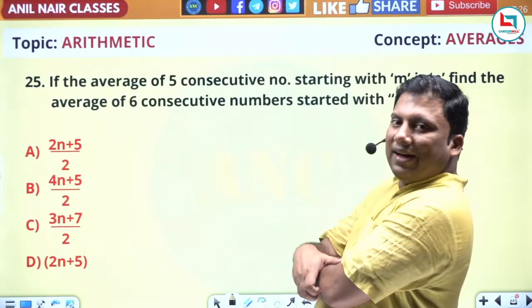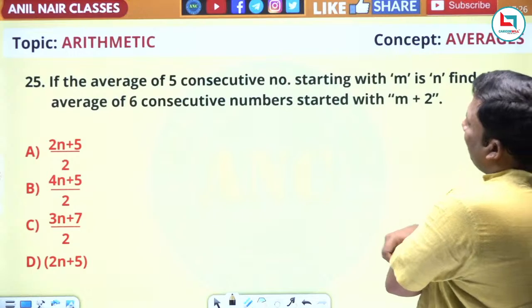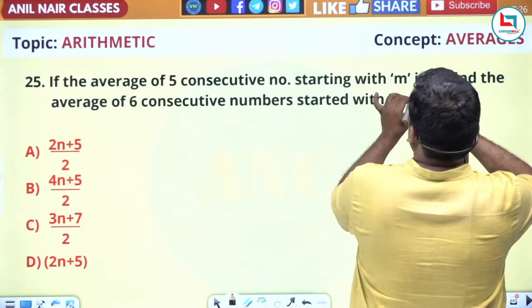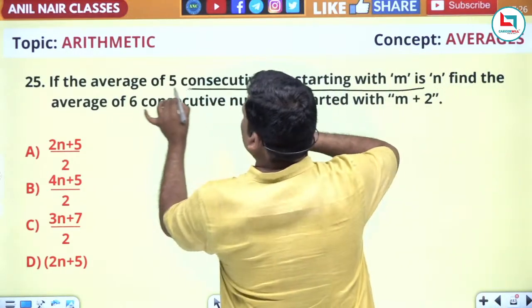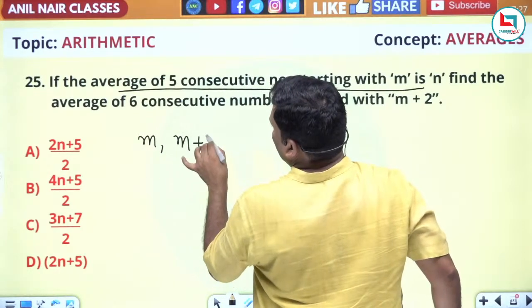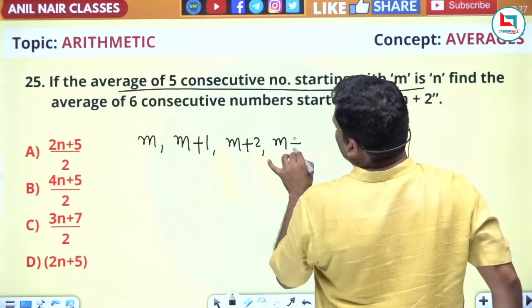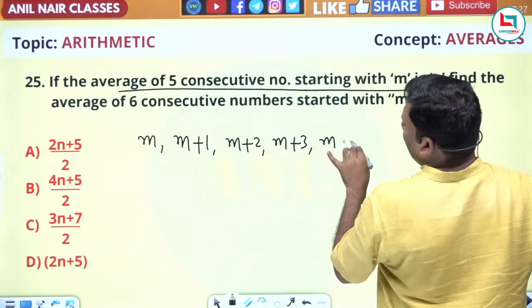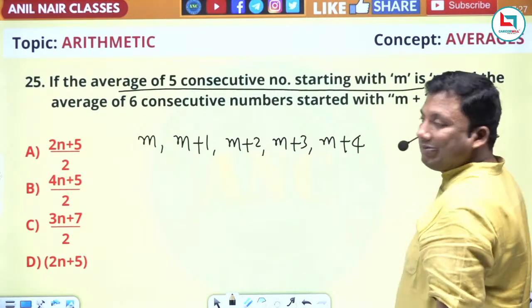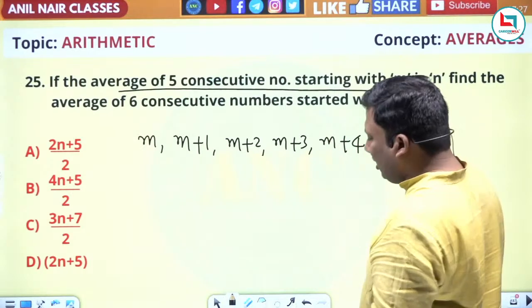Another question. Read this question. If the average of 5 consecutive natural numbers starting with m, they are all starting with m: m plus 1, m plus 2, m plus 3, m plus 4. These are 5 numbers. Average of 5 consecutive numbers starting with m.